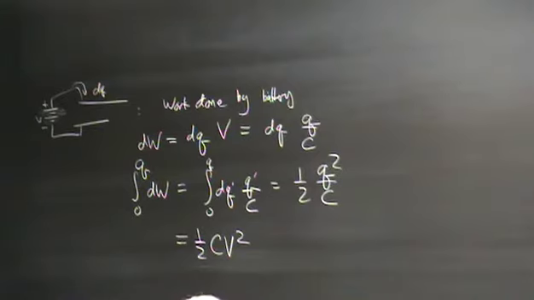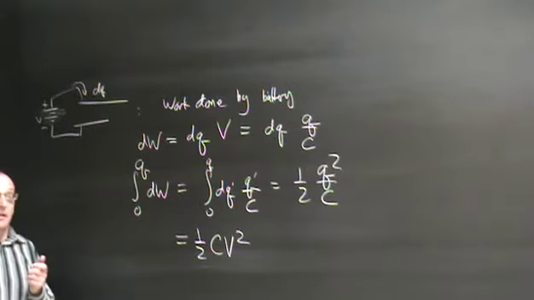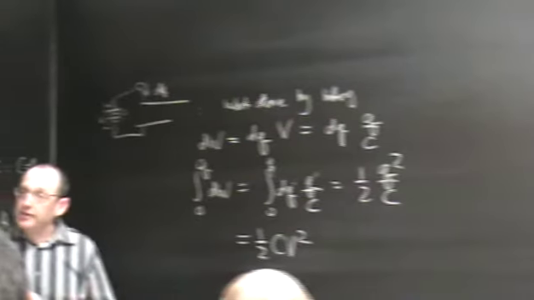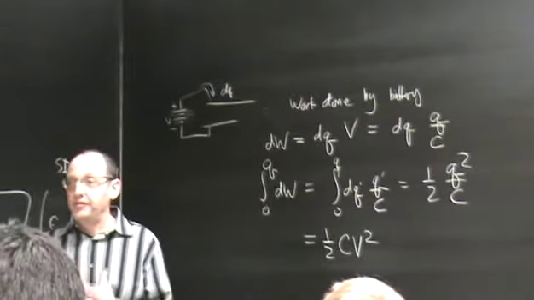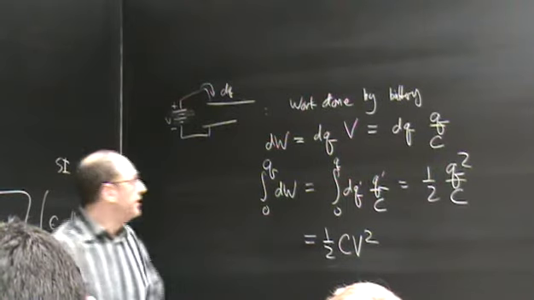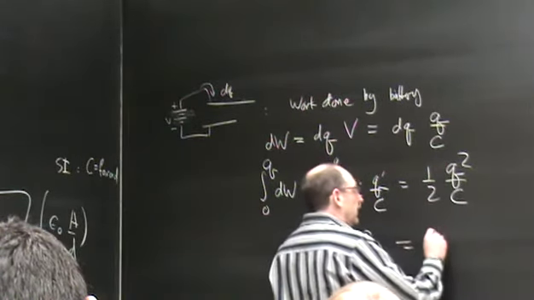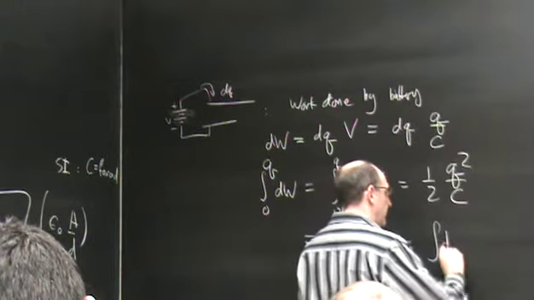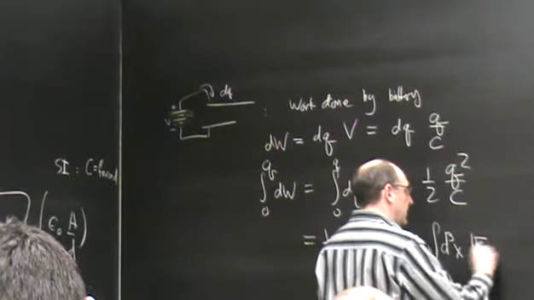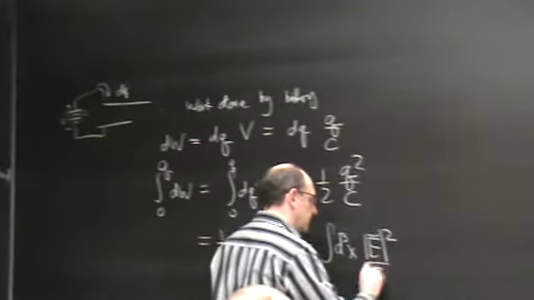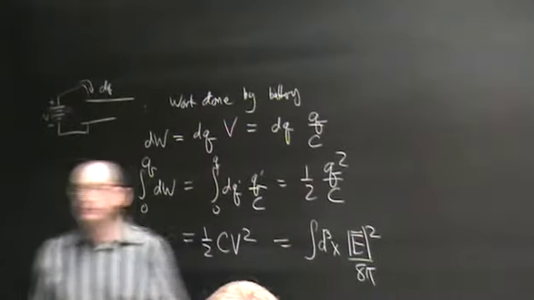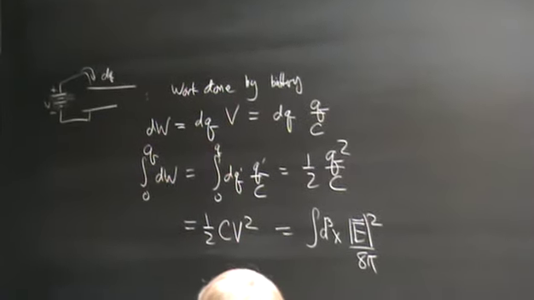Now, of course, that work that we've done, as we discussed, that energy can be thought to be residing in the field. So this should be equal to the total integral over all space of the created electric field squared, over 8 pi. Let's check that.